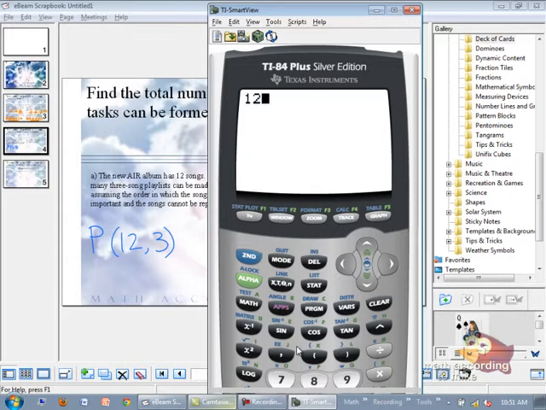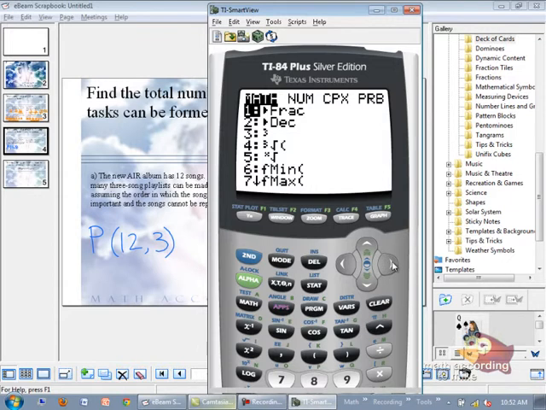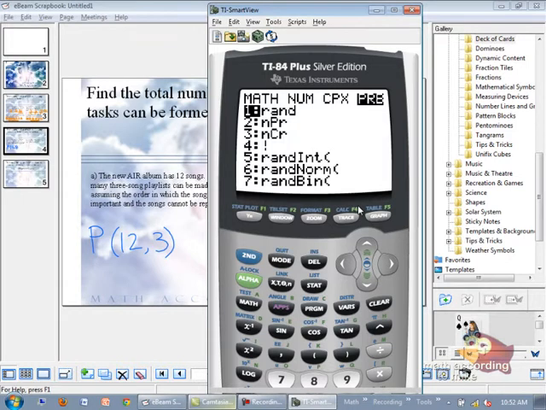You're going to type in 12. You're going to go to Math. Scroll over to PRB. And you'll notice there, number 2 says nPr. So please select number 2.